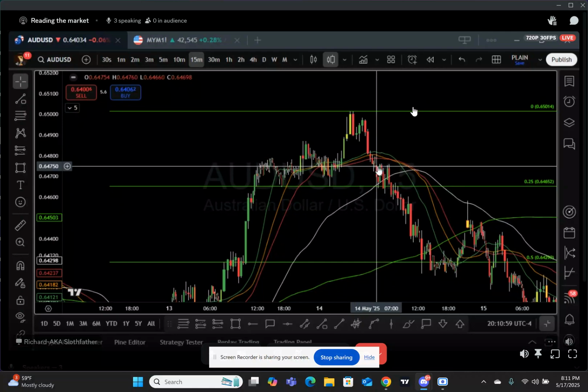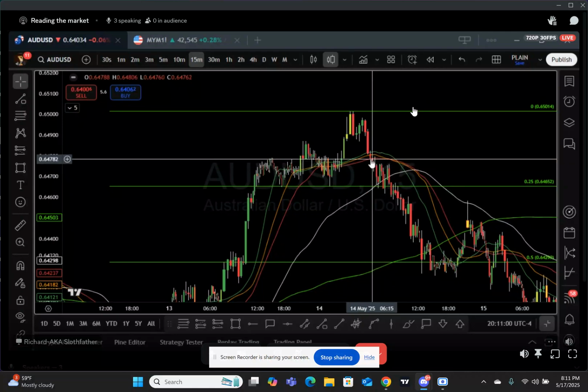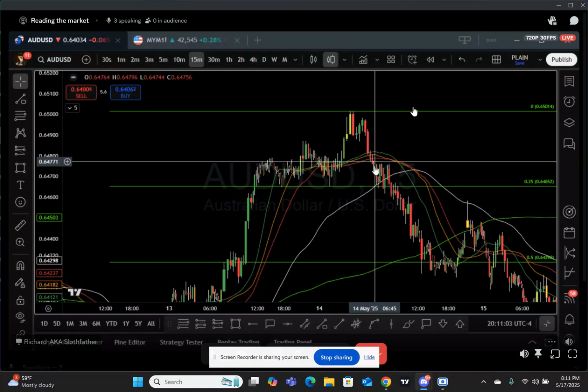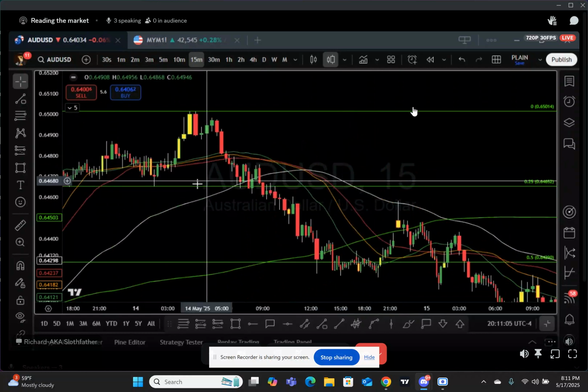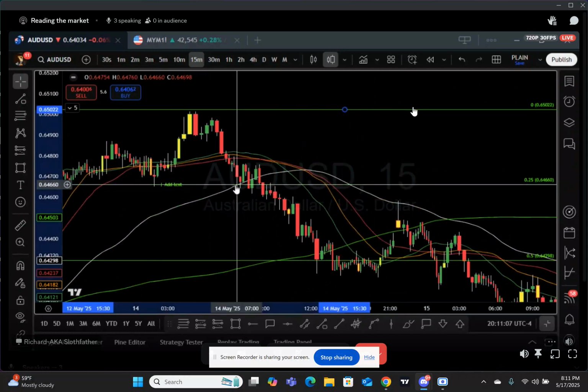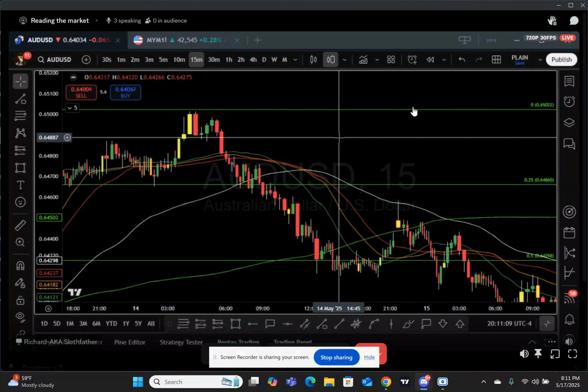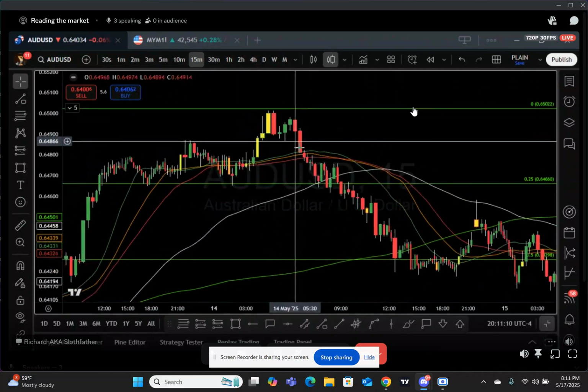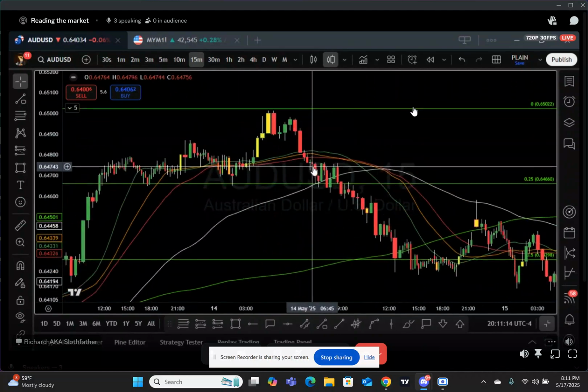Anywhere in here, you could take a trade. Mine would probably be on the topping tail bar right here, as soon as we broke that topping tail bar, because it pushed back up into the SMAs and got rejected.